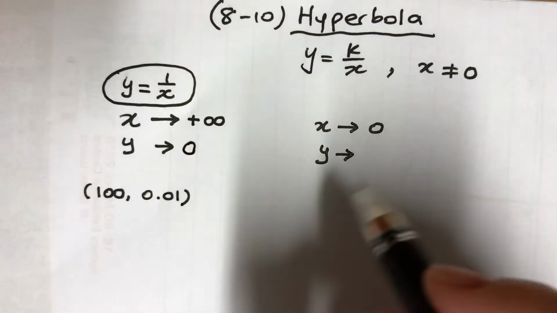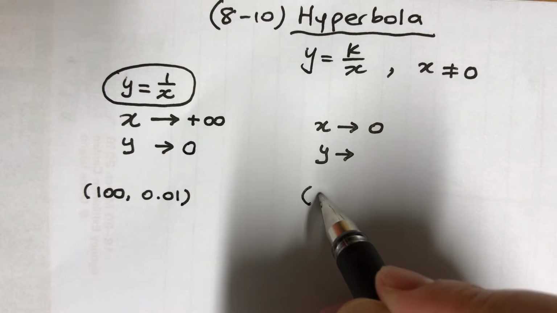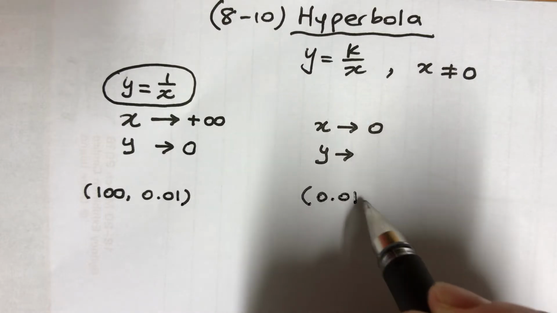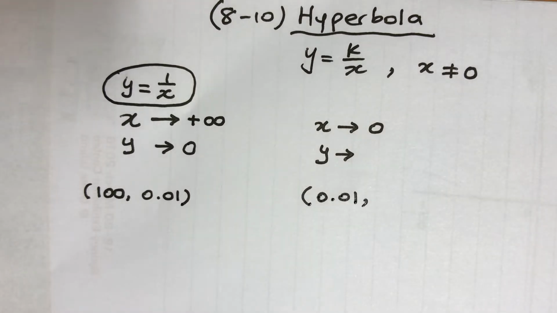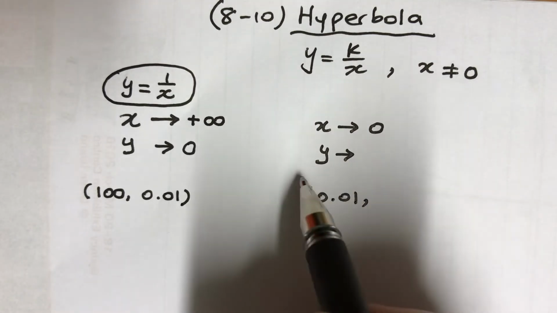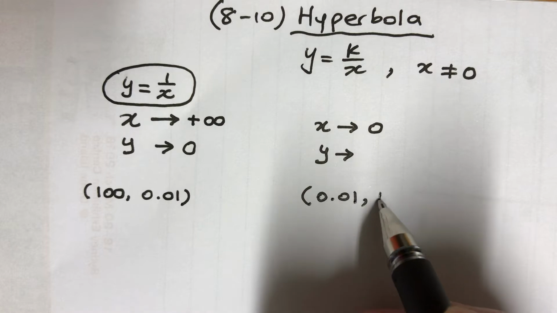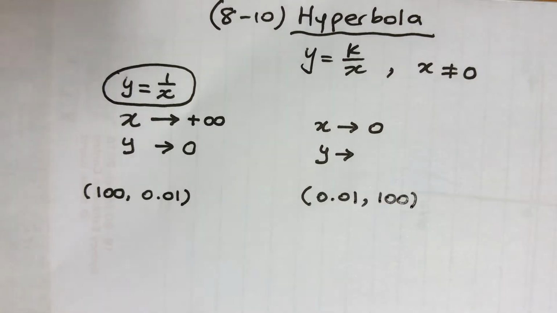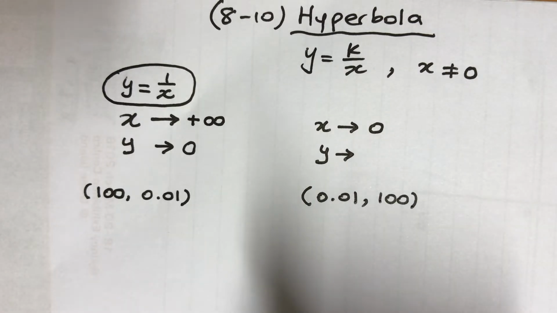And then what happens if I pick 0.01 for my x value? That's pretty much close to 0, and the y value will be 100. So that's just the positive side of it. And then we'll have to do negative.